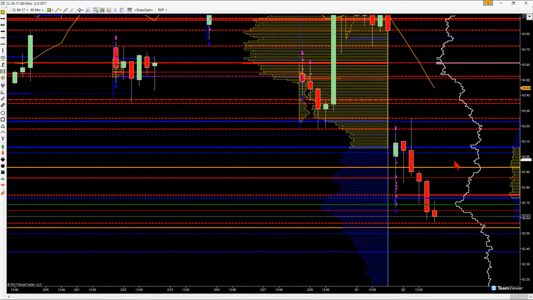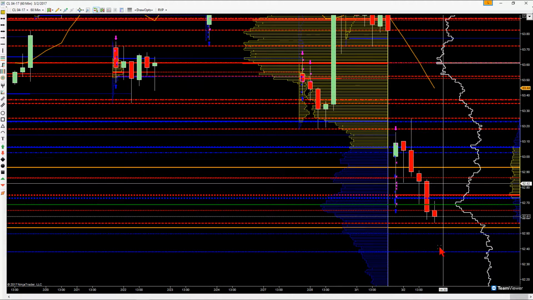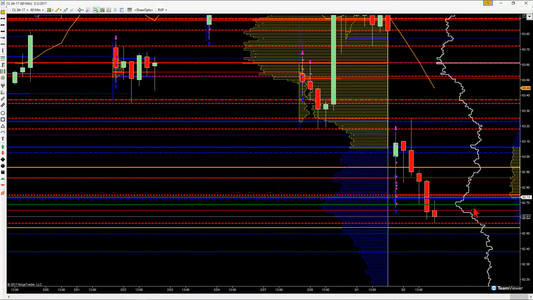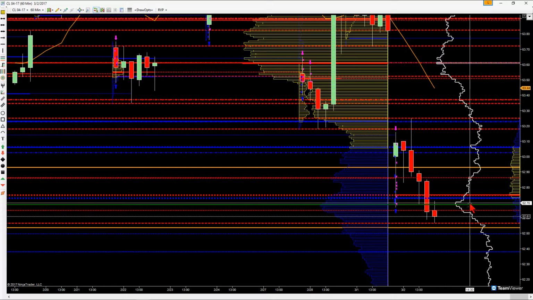The lines that are this orange solid are overnight high, overnight low, and the solid green are high volume nodes from the composite or the micro composite. And I also sometimes will put a solid red line for low volume nodes.